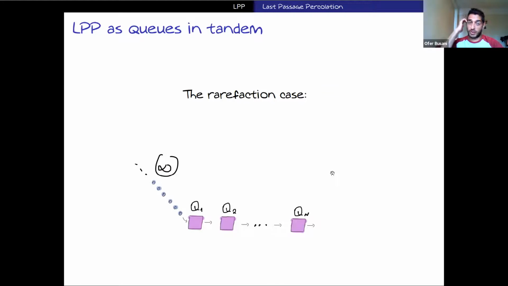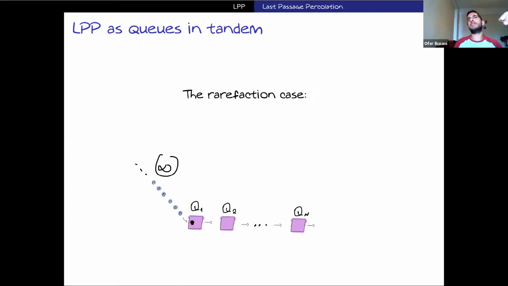Just to give you an example, take the last passage model and look at it through the lens of queuing theory. The rarefaction case, the point-to-point case, will be the case where you have n servers in tandem. The queues will be empty, and you feed infinitely many customers to the first queue.